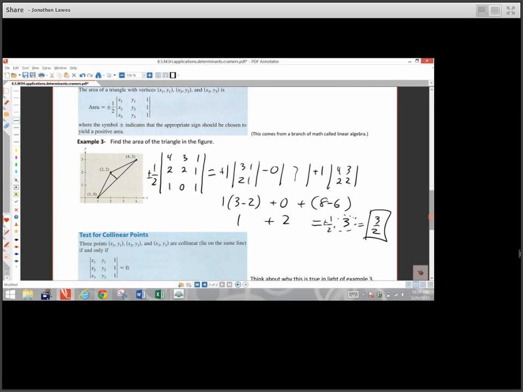If that determinant is 0, they have to be on the same line. And it comes from this idea where we just talked about how to find the area of a triangle using this funky determinant. Raise your hand if you think you know at this point. Okay. Autumn Rose, what do you think?